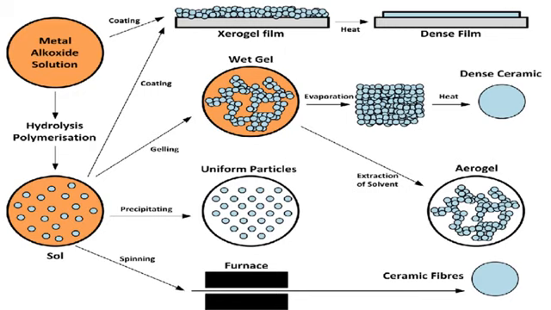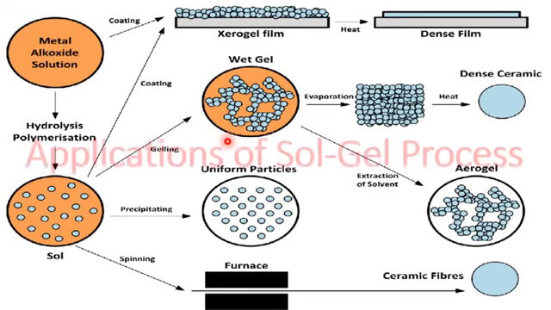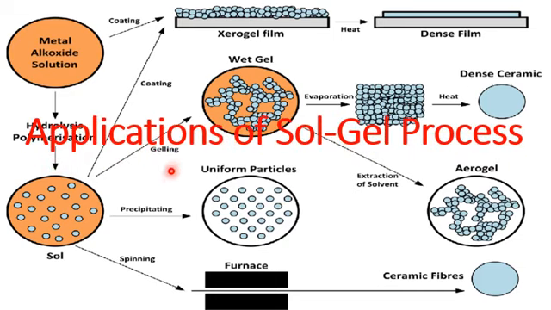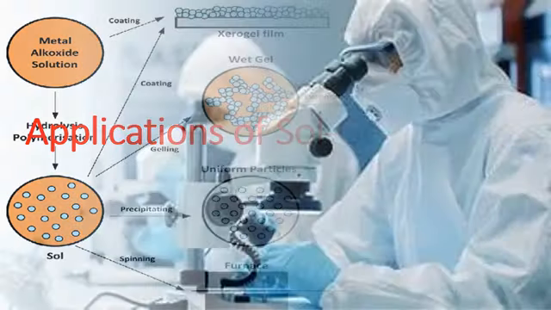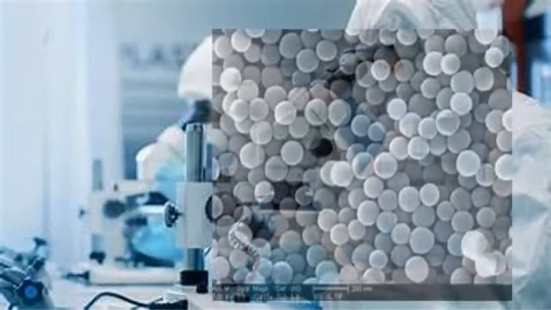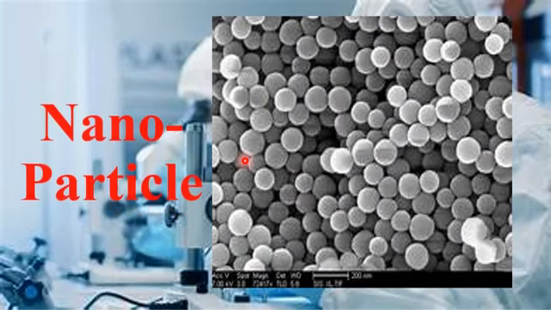Let us discuss the application of the sol gel process. Please note that before going toward the application of the sol gel process, we need to know that with the sol gel process, basically, we can produce nanoparticles.